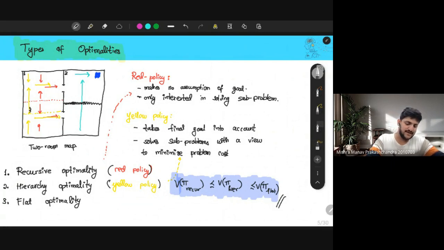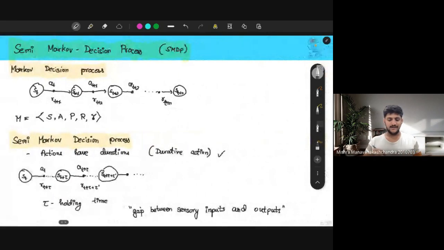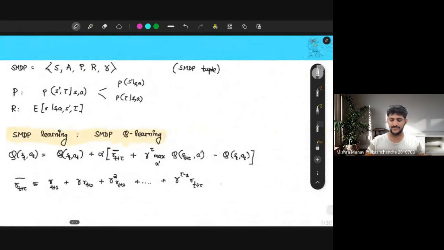So the reward would be from taking individual steps in the grid world until I exit the room, and the final reward would be the discounted sum of all the individual rewards collected in the grid world so far. So this is the definition of the reward function whenever we deal with SMDP-based Q learning.